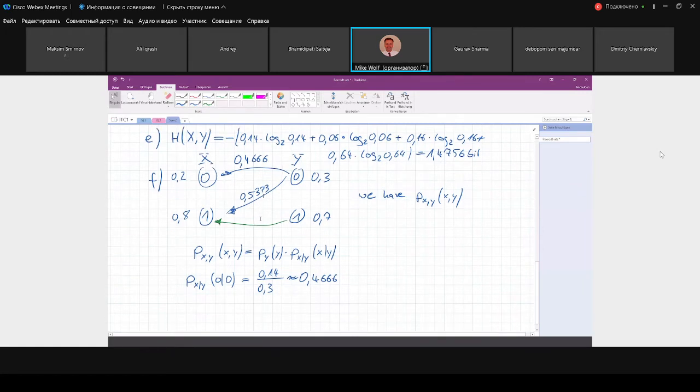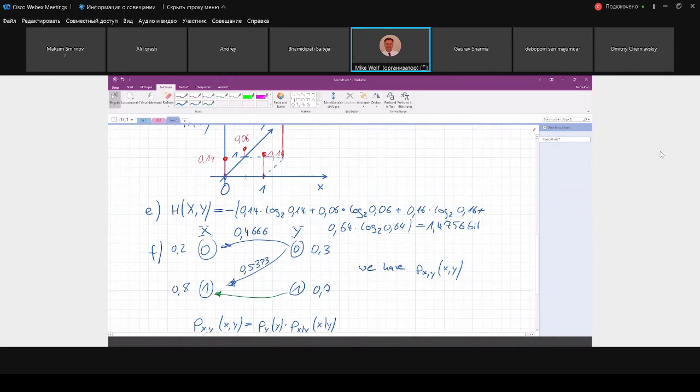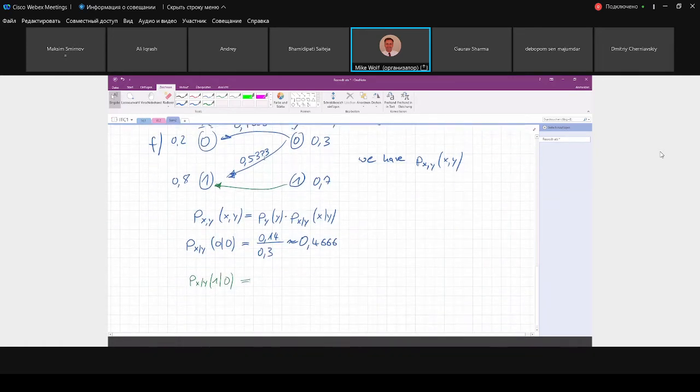Then again, let's say we do this for the green probability, so P of x is 1, y is 0. This is the joint probability that x is 1 and y is 0. So this is 0.6, right?